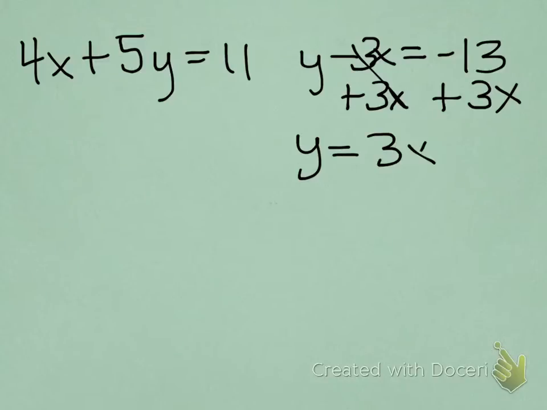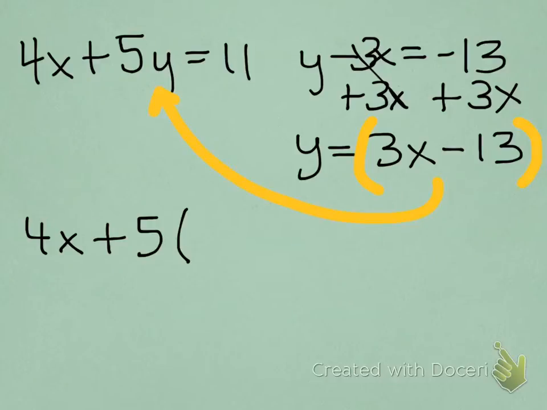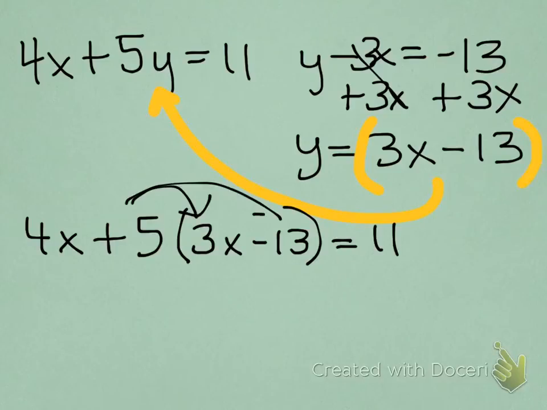And then I've done step 1, which was solve for one of the variables in one of the equations. Now we have this equal to y, so we're going to take that and substitute it in for y into the other equation to be able to now solve for x. So I'm going to solve for x.